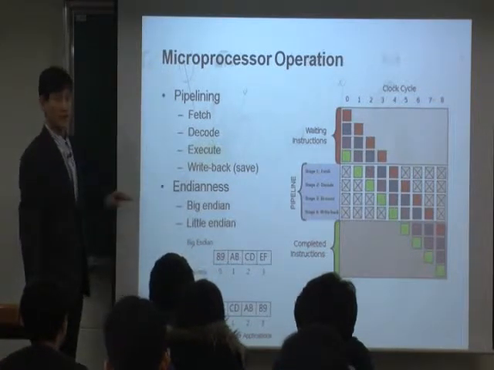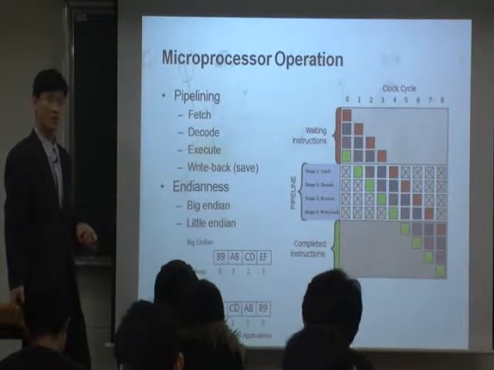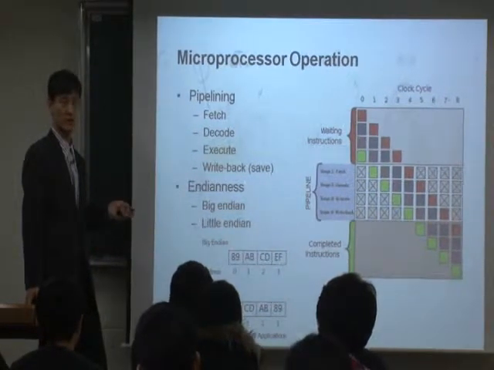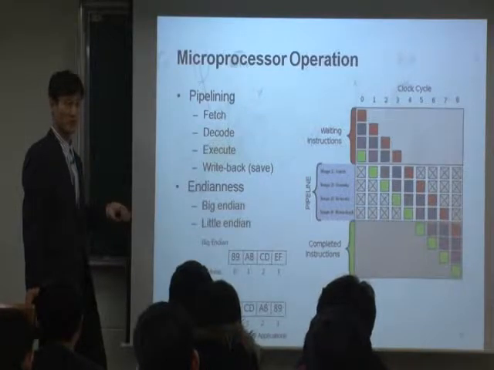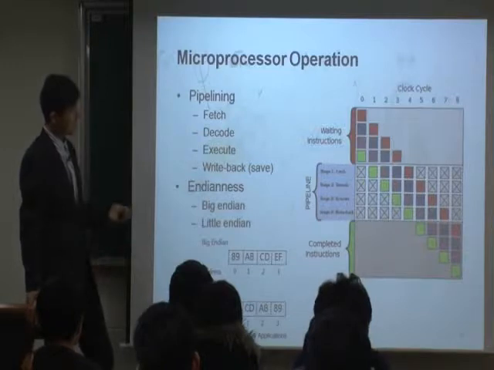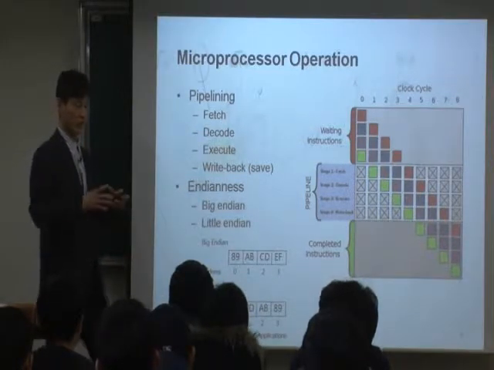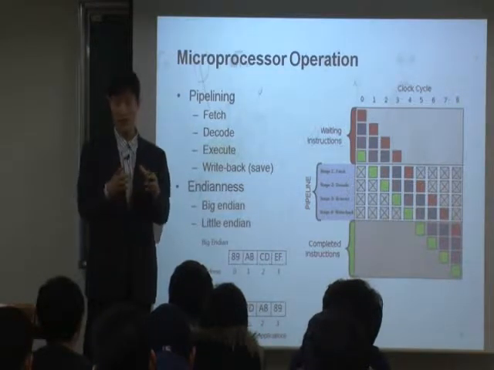There's a concept called Endianness. What is Endianness? Does someone know that? If you do a lot of C programming, then probably you know this. Sometimes it's very tricky to deal with Endianness, especially when you write a C program and that program has to run on an embedded system.